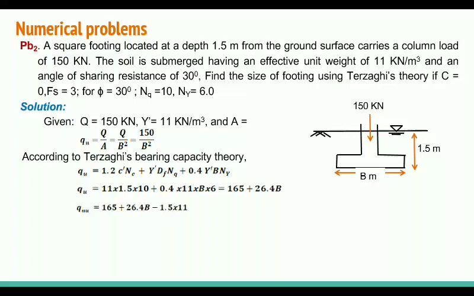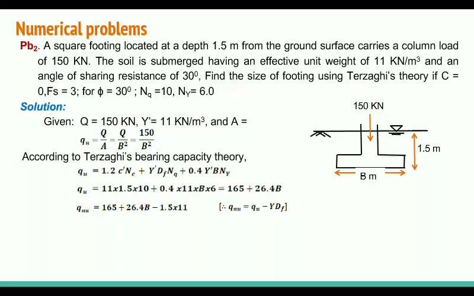Now we can calculate the net ultimate bearing capacity of soil. How can we calculate it? By subtracting the overburden pressure from the ultimate bearing capacity. In this case, the overburden pressure will be 1.5 into 11, since the depth of foundation is 1.5 and the soil is in the submerged condition.